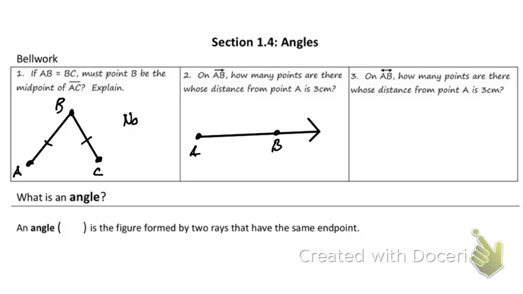If I come over here, anywhere else, there's no other place where that measure is 3 centimeters. That's why when you looked at that answer key, I had kind of a circle on my measurement of 3 centimeters. That circle had a radius of 3 centimeters. I'm just showing you that no matter where else I measure, there's only this one place that has that point. So it's just 1 point.